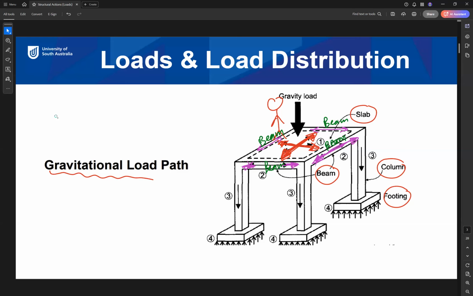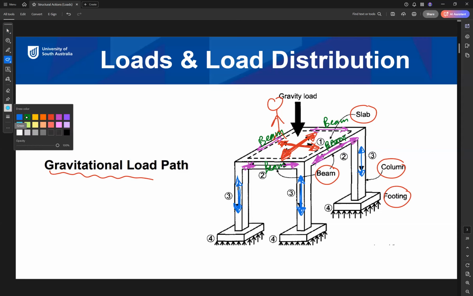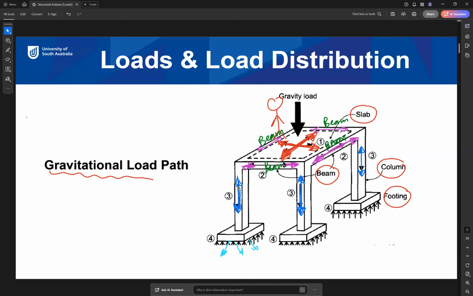Then, after the beams transfer their load to the columns, the columns will transfer this load vertically down to the footing. Then the footing will distribute this load to the soil underneath the footing. So this is how the load is transferred for a simple building.